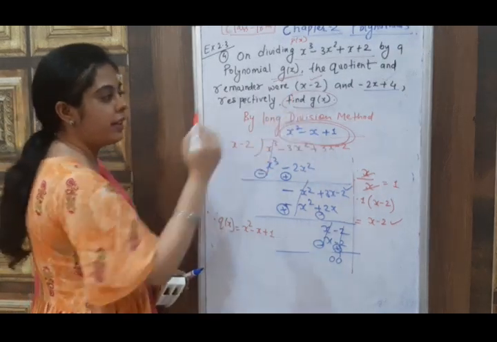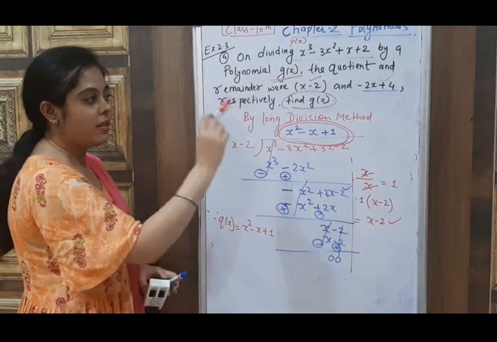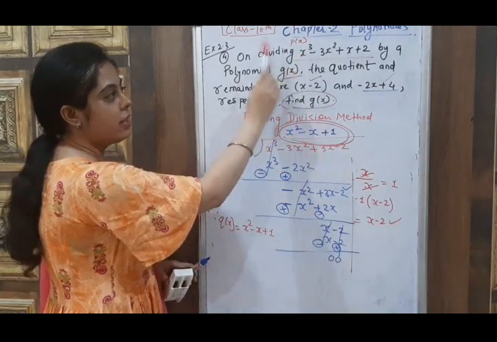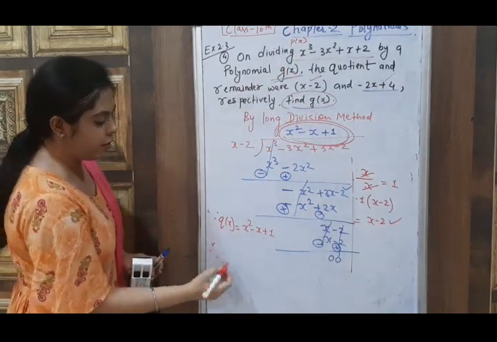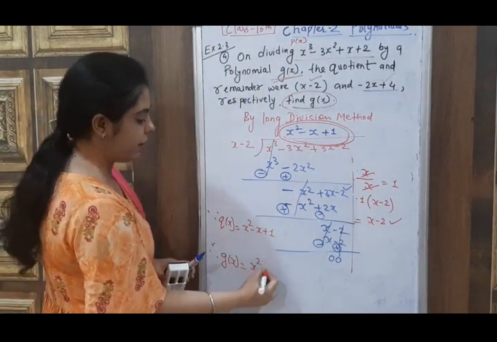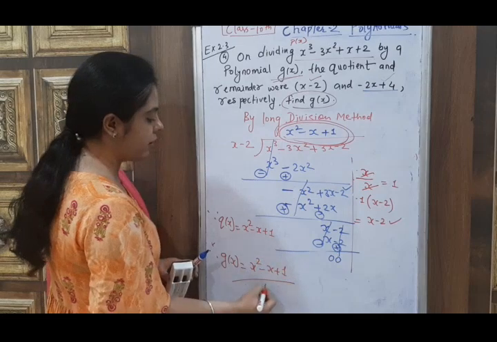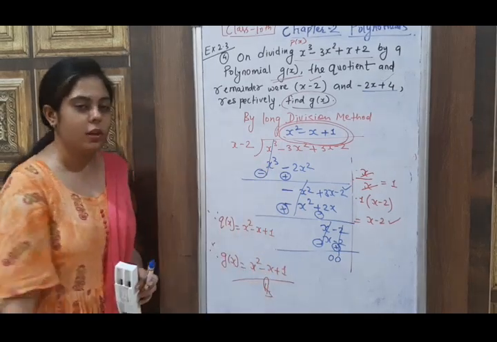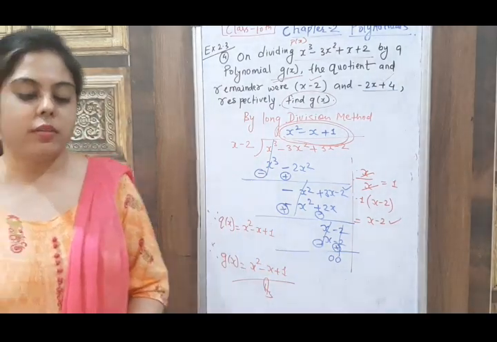Means here we have to find the gx. So this will be the gx for this quotient. Therefore gx is equals to x square minus x plus 1. So this is our complete solution. So you note down in your copy.